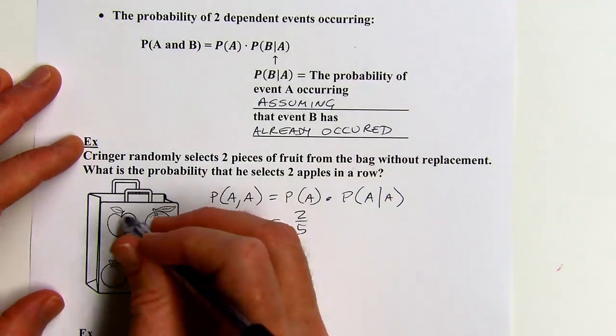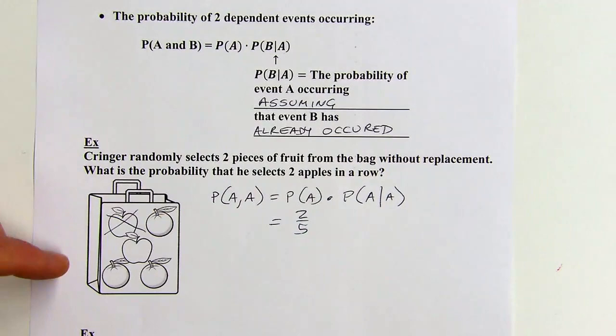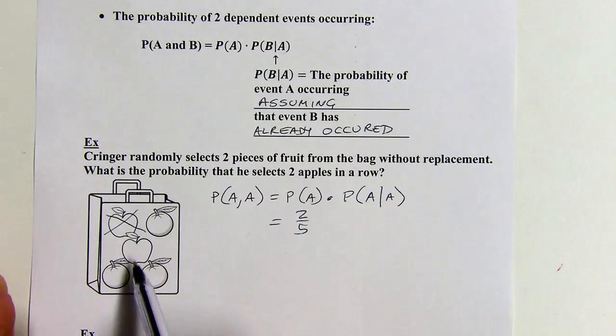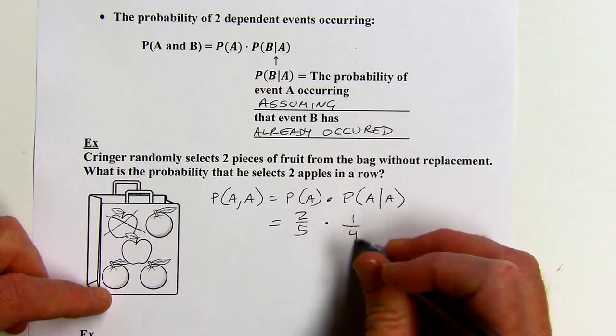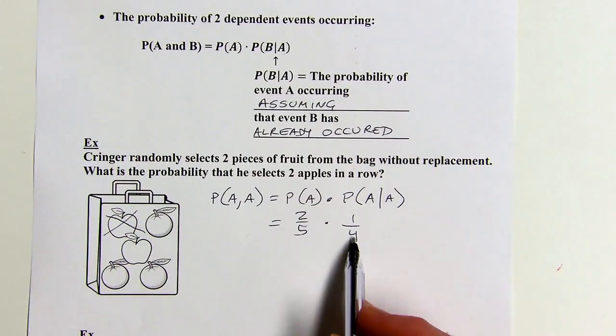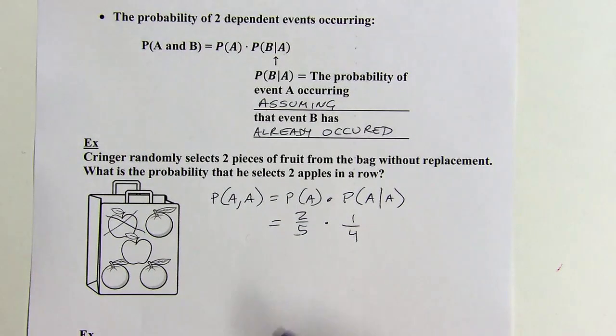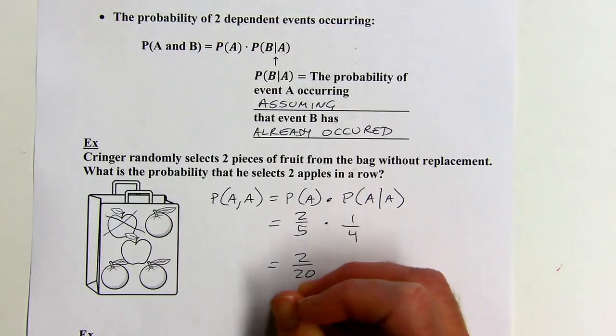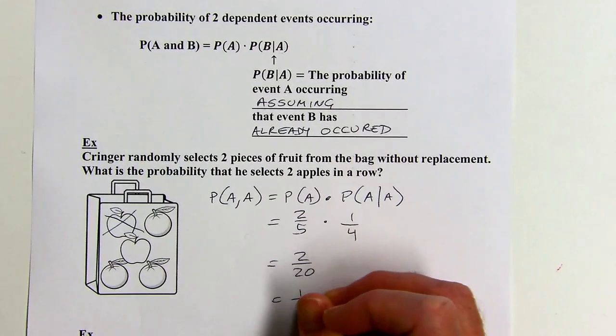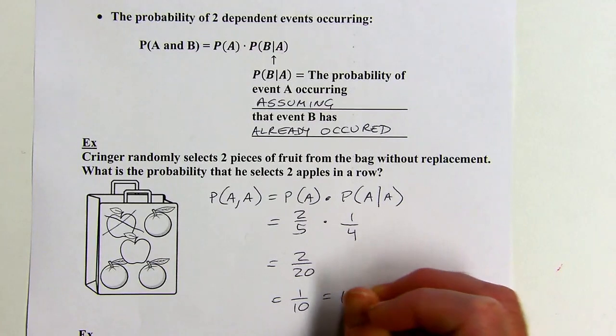But then you got to imagine, okay, we've already pulled an apple out. Now on the second draw, there's only 1 apple left, and there would only be 4 total pieces of fruit left. So that second draw, you can see that it has been affected by what's been removed on the first draw. All right, and then you multiply straight across. So you'll get 2 over 20, which is 1/10 or 10%.